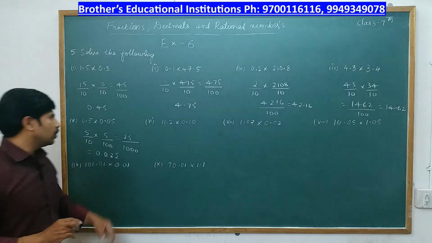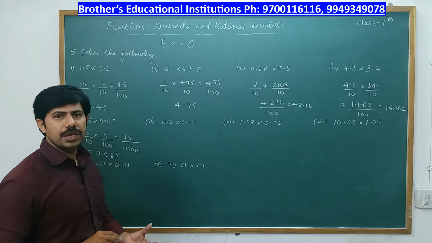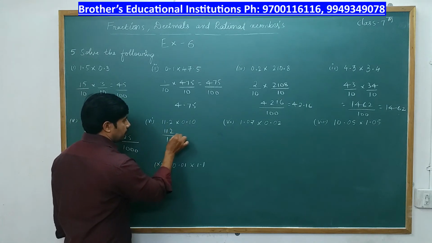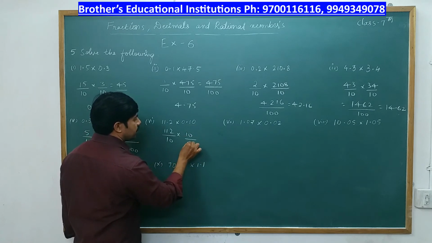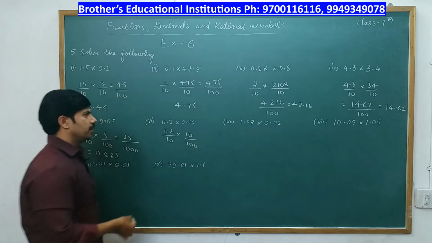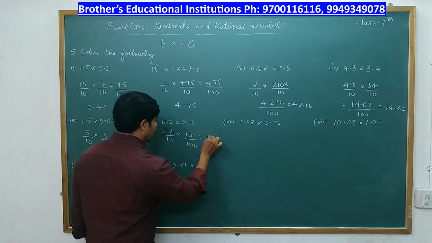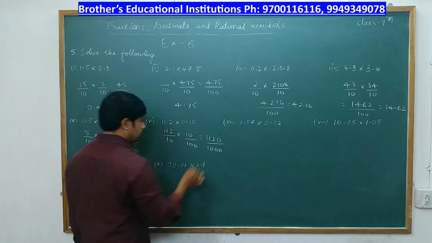Okay, now we go to the sixth one. It is 11.2 into 0.10. So you can write it like this, 112 by 10 into 10 by 100. So now if we multiply this, 1120 by, we get 3 zeros, right?